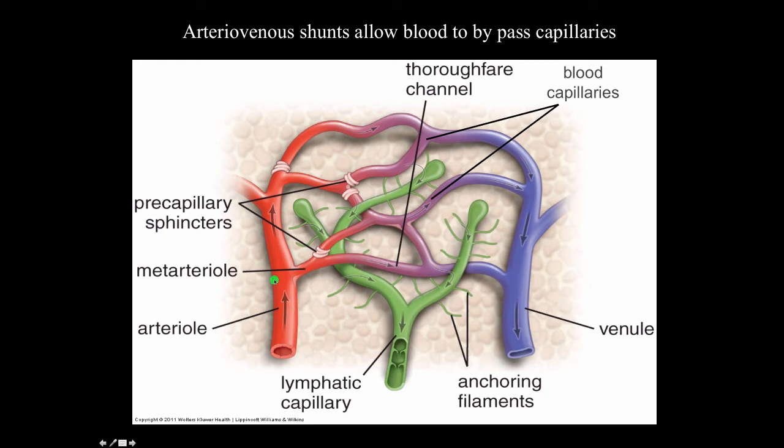Here you can see, for example, a metarteriole would allow direct blood contact from the arteriole to the venule. If these precapillary sphincters were closed down, blood might not get into the capillaries and would therefore pass through the metarteriole. On the other hand, if the smooth muscle in the metarteriole was contracted, you may get more blood going into the capillaries.